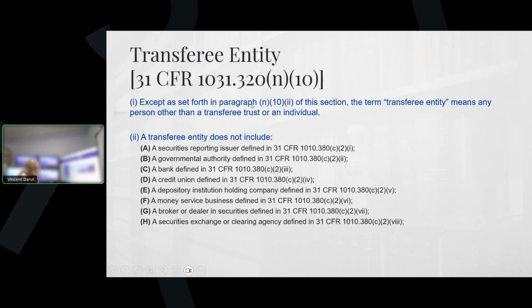So we were talking about transferee entities, and I started off by explaining that the rule starts off with very broad definitions and then pares those back. Transferee entity is a great example of that. A transferee entity is any transferee other than a transferee trust or an individual, like a natural person, and it specifically includes the following types. It excludes security reporting issuers, governmental authorities, banks, credit unions, money services businesses, brokers or dealers in securities, and security exchanges.